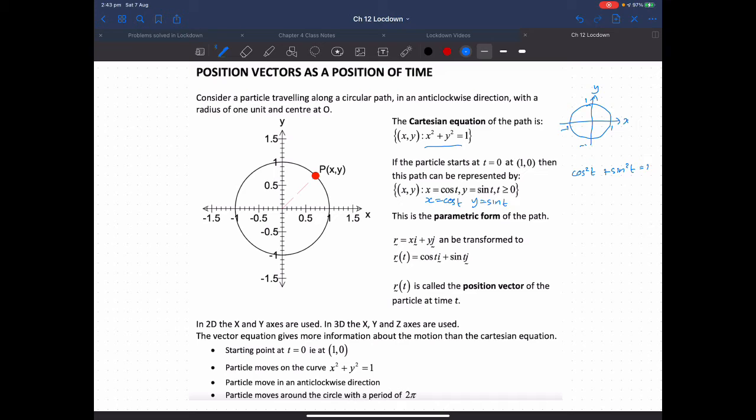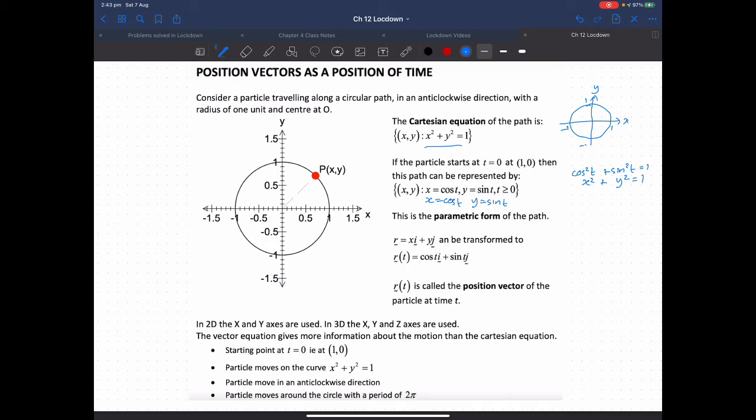So replacing cos t with x, I get x squared, plus replacing y equals sine t with y, I get y squared equals 1. You can see they're the same thing. So the graphs look the same.